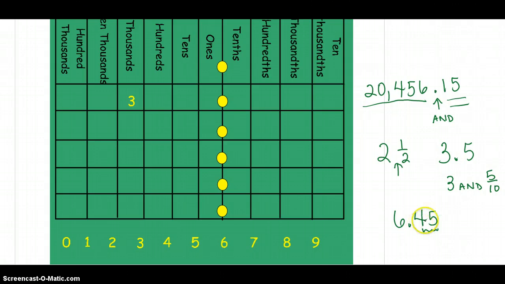So for example, I said 45 hundredths, so the 5 should end in the hundredths place. So try this. How about 6 and 5 hundredths? That should be 6 and, you put your 5 in the hundredths place value, so you're going to have a 0 in the tenths place value. 6 and 5 hundredths.